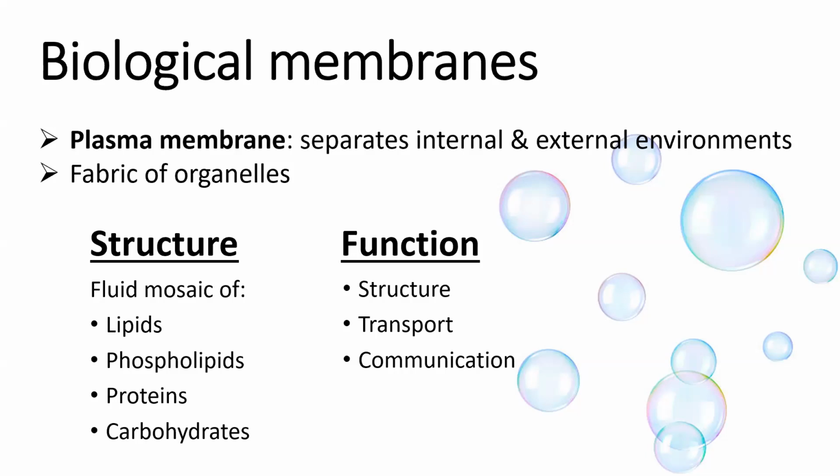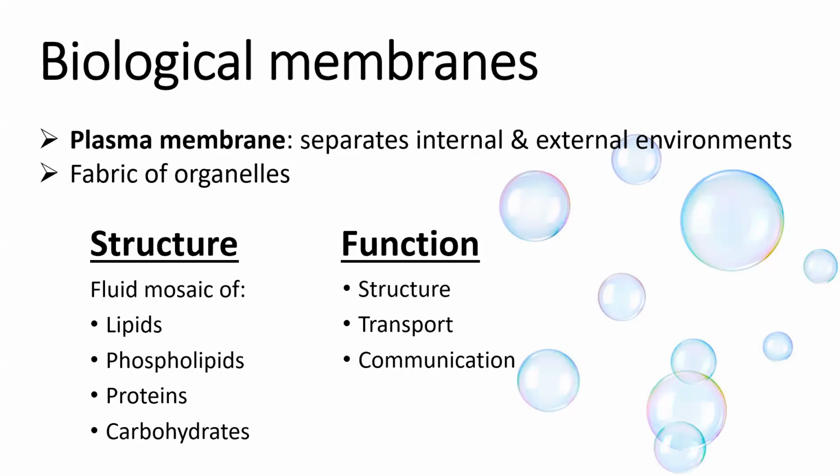It is not like a wall in your rooms right now, or a wall that you're sitting in your living room, bedroom, dining room, listening to this lecture right now. It is actually a dynamic structure that changes and adjusts according to the environment and adjusts according to the needs of the cell.